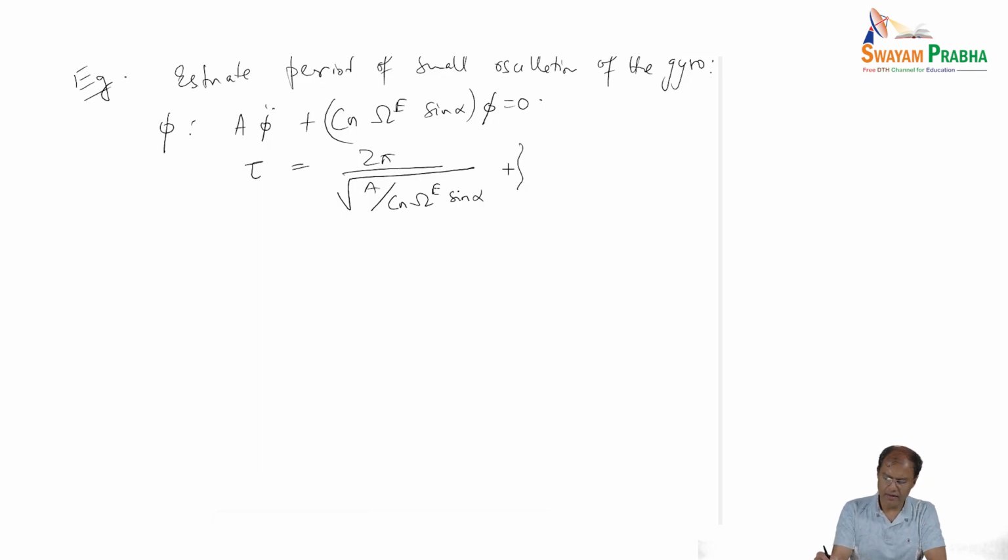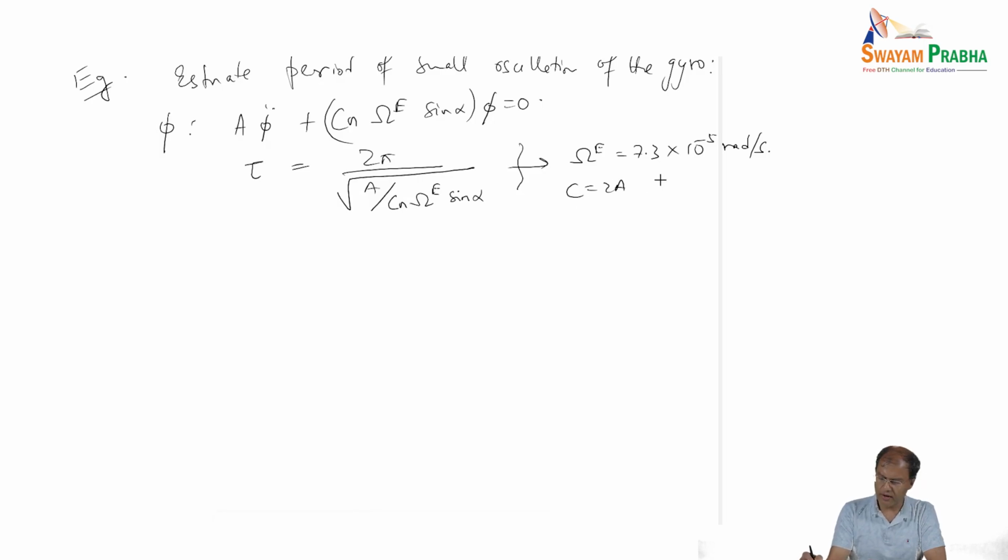And then omega e comes out to be 7.3 times 10 to the power minus 5 radians per second. This is the angular frequency of the Earth's rotation, and c is equal to 2a.